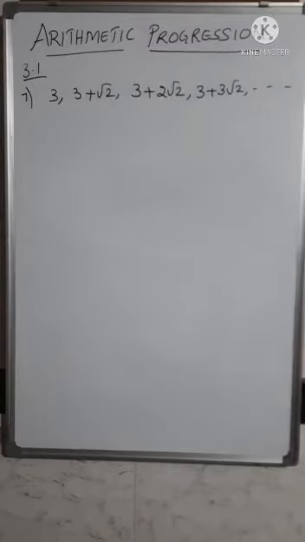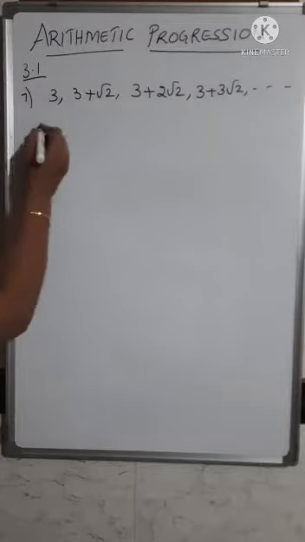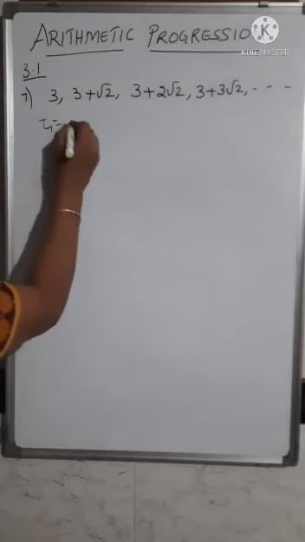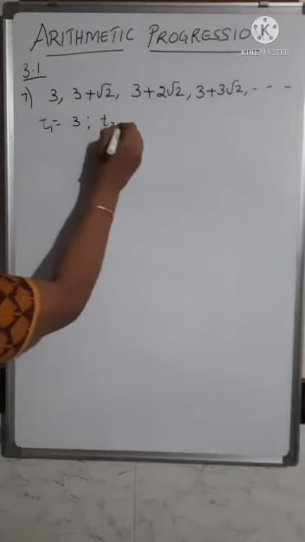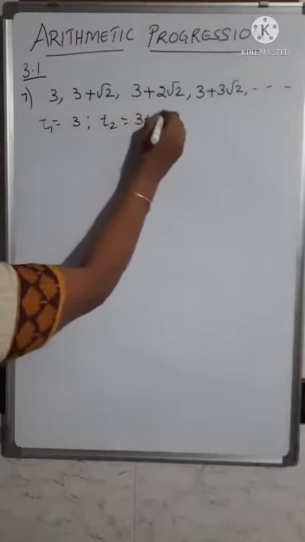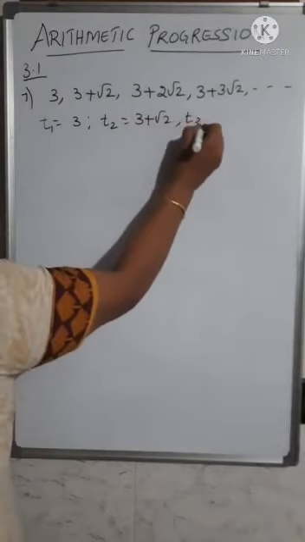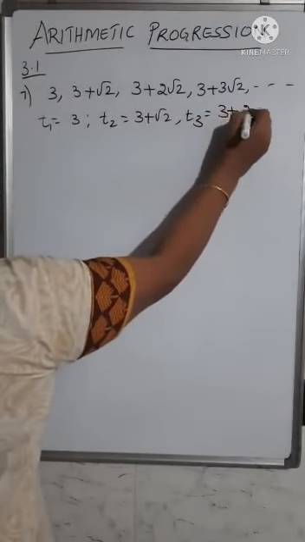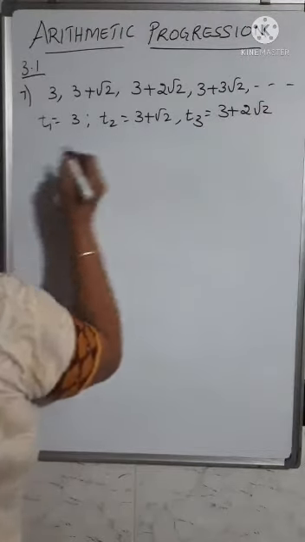As you have done in the previous problems, find the difference between T2 and T1. So T1 is equal to 3, T2 is equal to 3 plus root 2, T3 is equal to 3 plus 2 root 2.